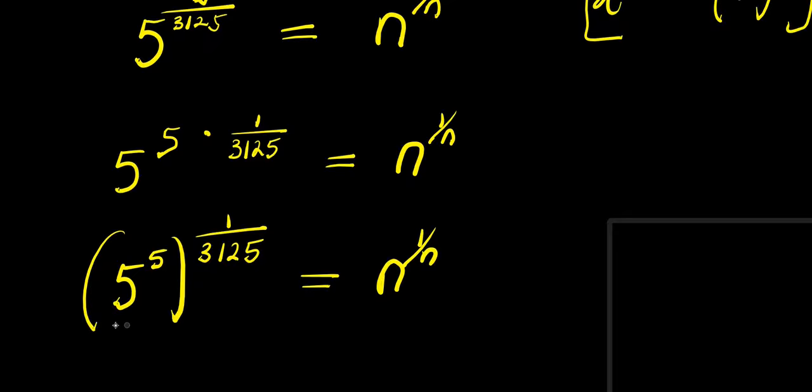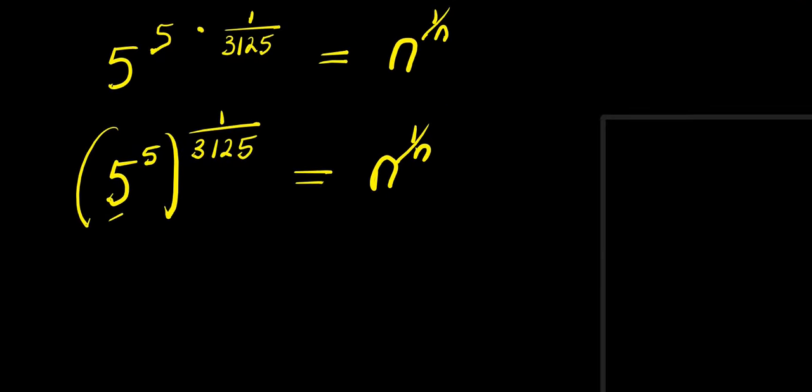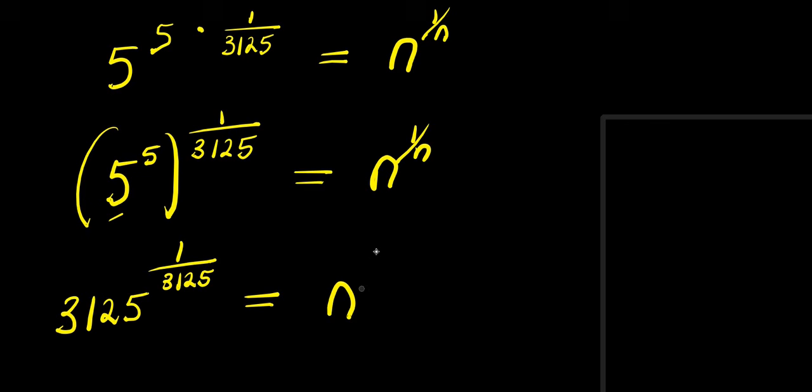Now finding the value of 5 power 5, that is 5 times 5 times 5 times 5 times 5, that would give you 3125. We have 3125 raised to the power of 1 over 3125. And this equals n power 1 over n.